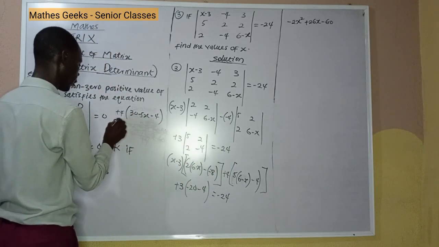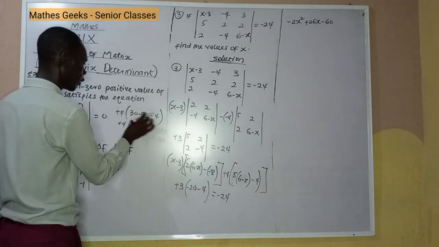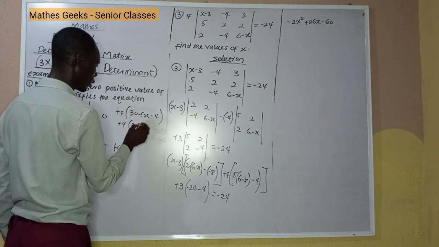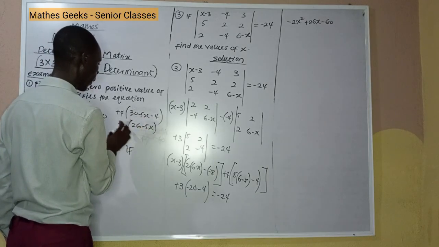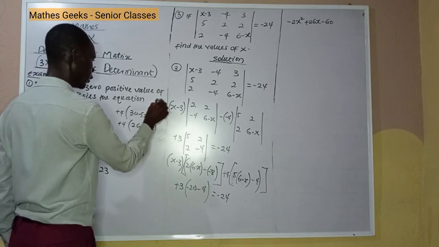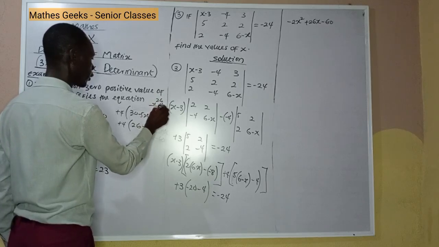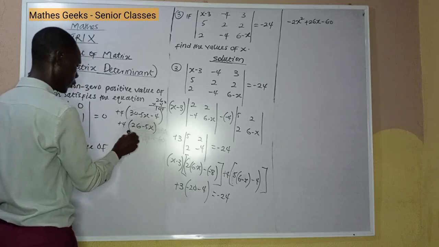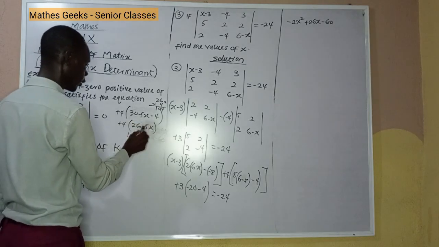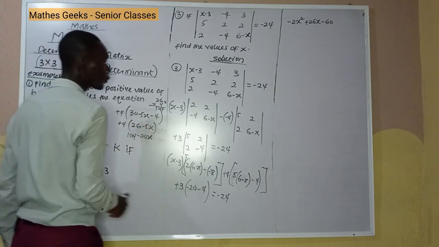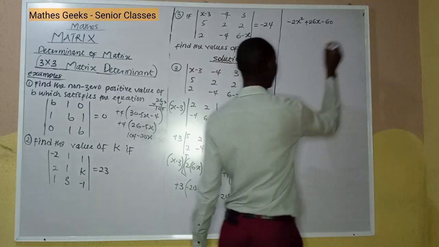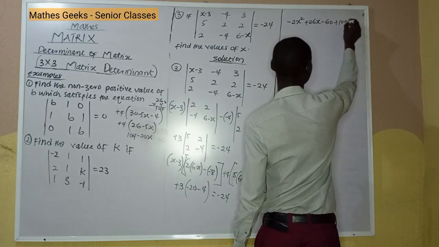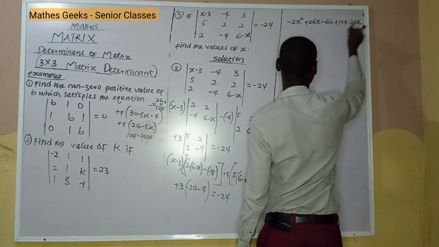So 30 minus 4 is 26 minus 5x, plus 4 times 26, 4 times 6, 24, 4 times 6, 8 plus 2, 10, 104, 4 times minus 5 minus 20x, plus 104 minus 20x.